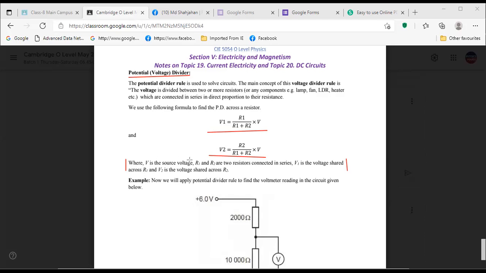V is the source voltage. R1, R2 are two resistors connected in series. V1 is the voltage shared across R1 and V2 is the voltage shared across R2. What is underlined here, please write them, okay? Okay, sir. Quickly.